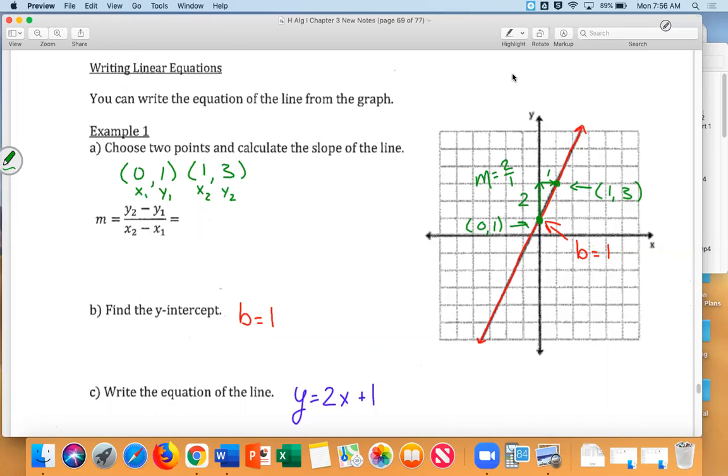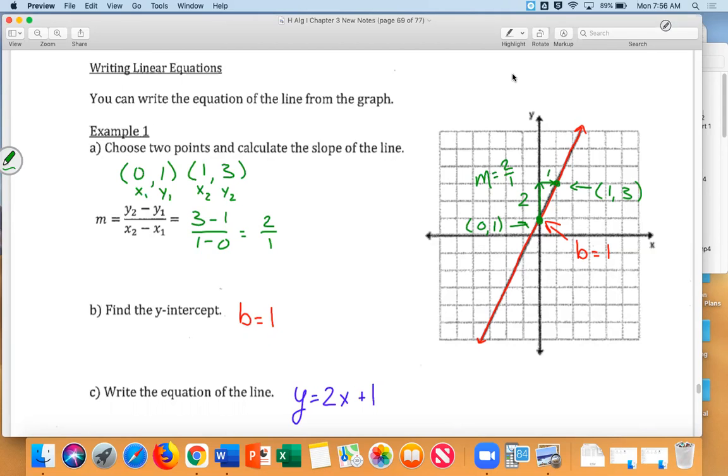Then I would substitute it into my formula. So I got 3 minus 1 over 1 minus 0. 3 minus 1 is 2. 1 minus 0 is 1. And you can see I got the same thing. Do you see how it's all connected? It's like a circle.